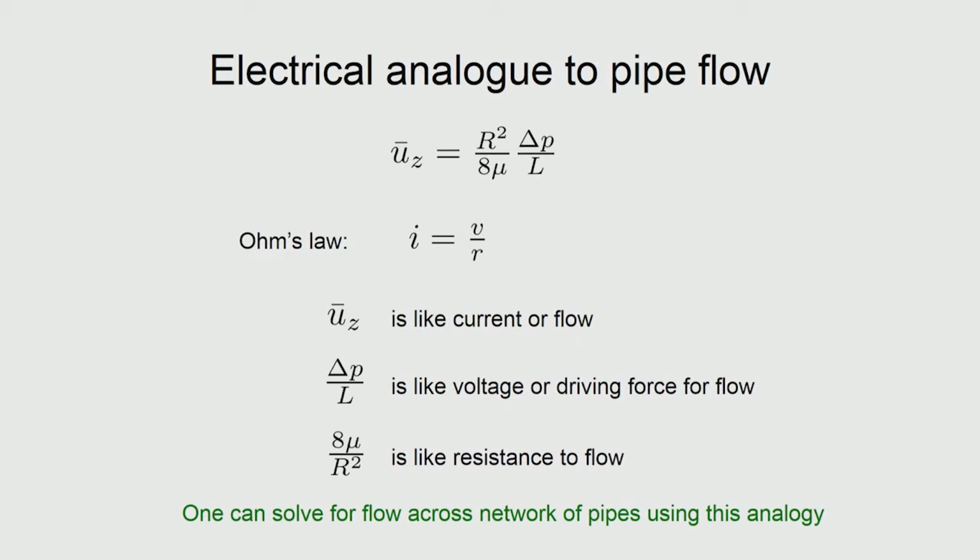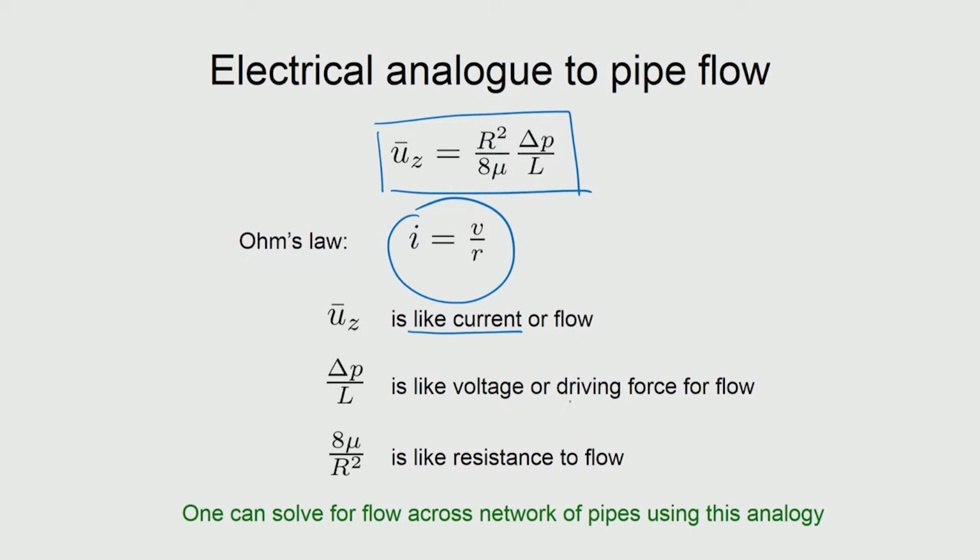So, here we want to look at this equation in a slightly different manner. If you compare the same equation written earlier, it looks somewhat like Ohm's law. The average velocity of the fluid through the pipe is like current, and delta P by L is the reason why the flow of the fluid is actually happening.